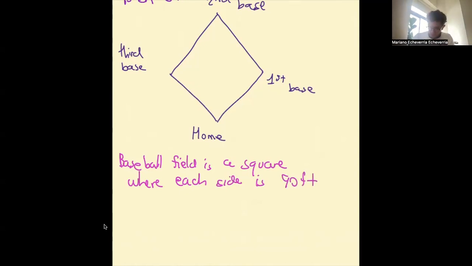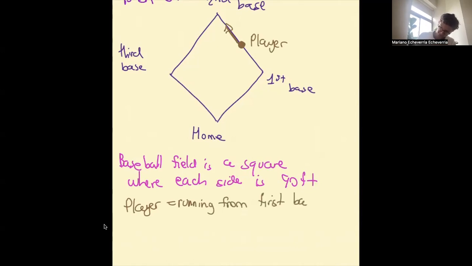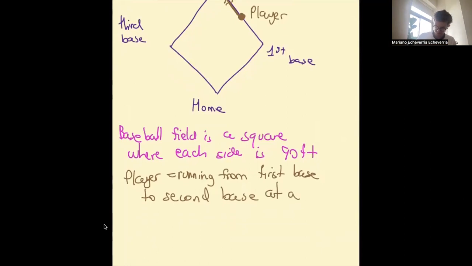Then you have a player running from first base to second base at a rate of 16 feet per second.